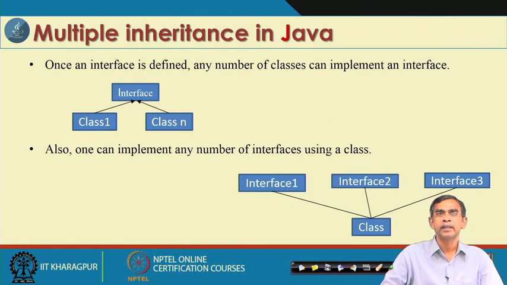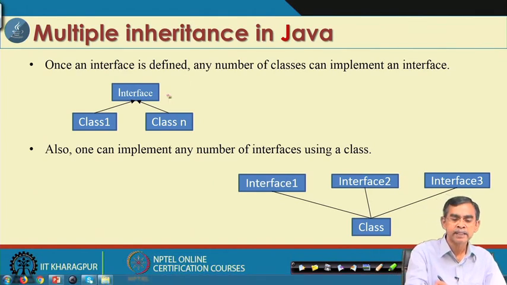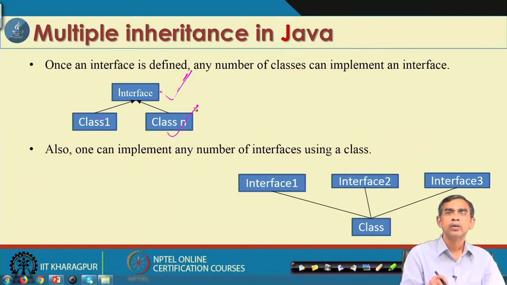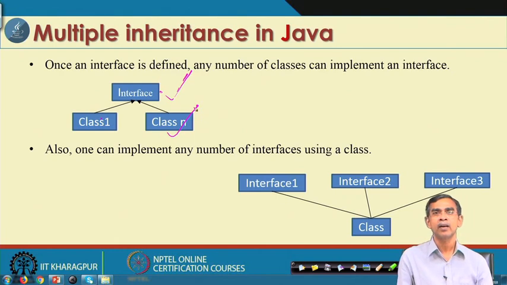Now, regarding an interface, using that interface you can build any class from it. For example, here we see an interface defined, then class 1 and class 2 are two implementations of this interface in two different ways, with two different codes, two different programs.